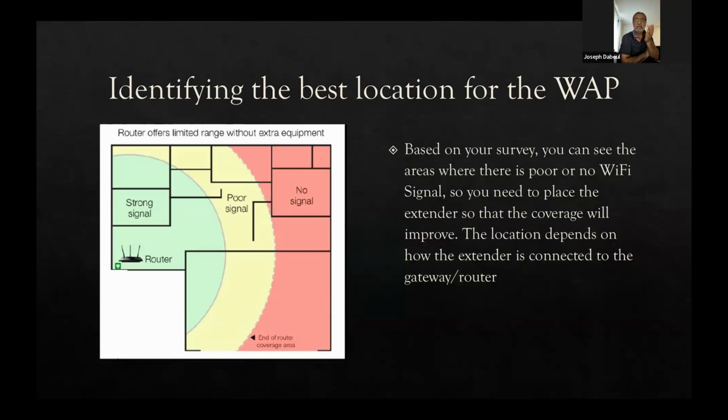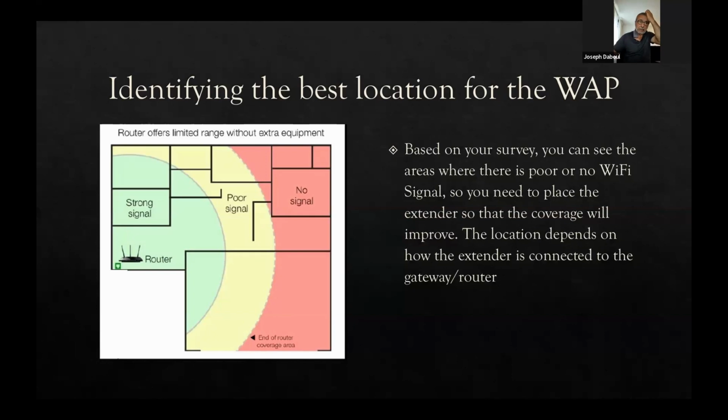That would be somewhere between -70, -80 dB, where the red area is no signal. In other words, a repeater could be installed either in the green region or the yellow region. Never install it around the area where it is in the red region. In the red region, in other words, you're only going to boost bad signal.